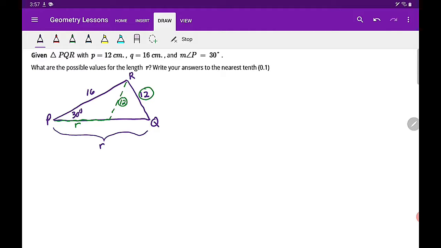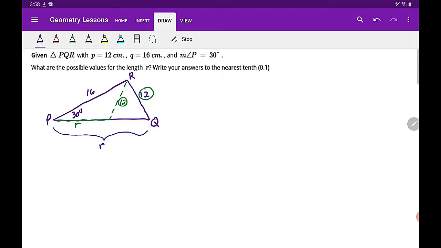Since we have the 30-degree angle, we can use the law of cosines here. All we need to use are the sides that include the 30-degree angle. Again, I told you not to memorize the three versions of the law of cosines. You only have to memorize a, b, c.